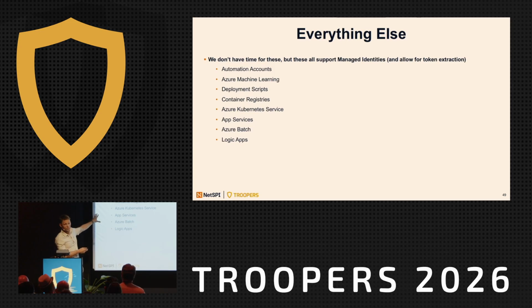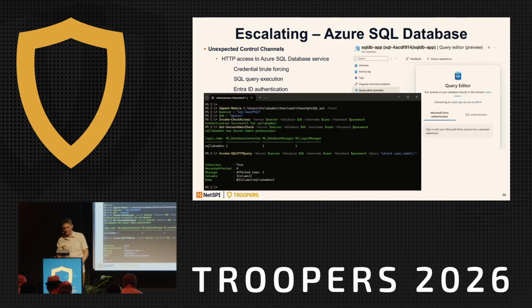These are the core ones that you're going to want to look at if you have any of those permissions. We don't have time to dig into all of those. If anybody wants to talk about these things, I love digging into all of these different attacks. I spent like a year writing processes for all of these different things internally here at NetSpy, so I love digging into these. We can talk after the talk, but I'm going to hand it back to Thomas.